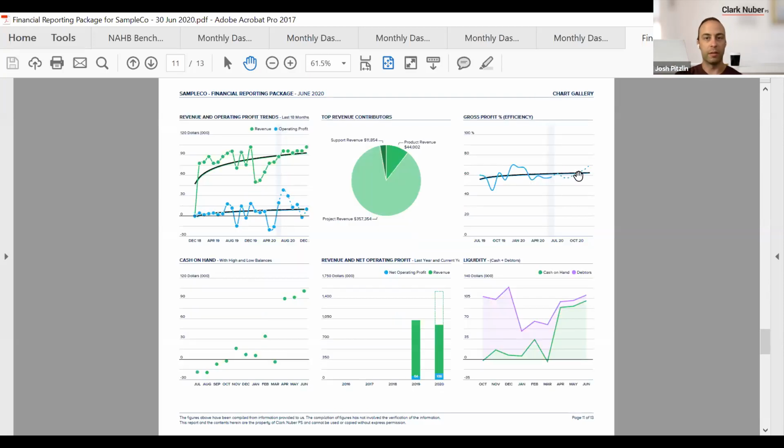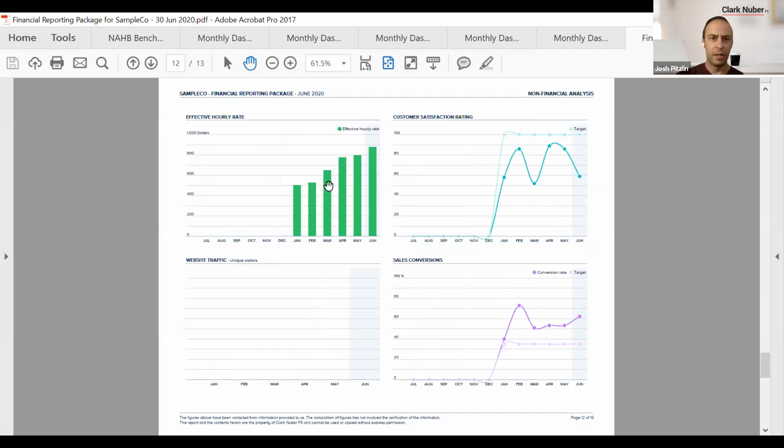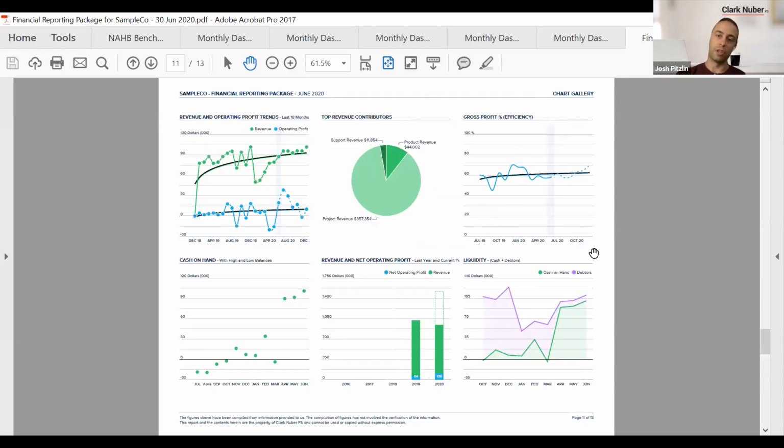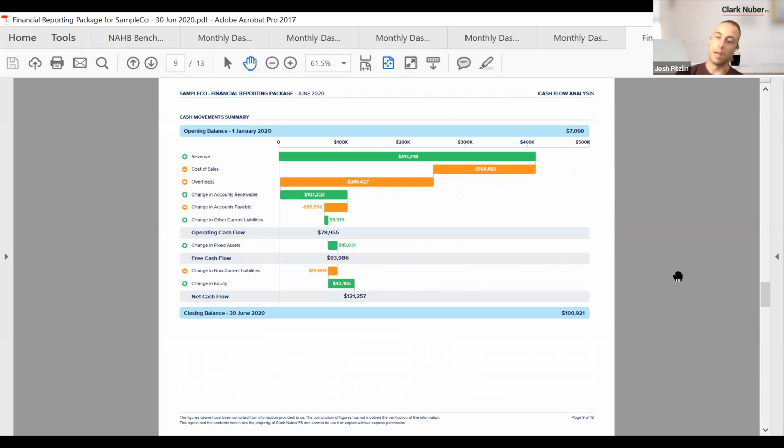Like I mentioned, we can implement non-financial data as well. So if you have hourly rates and they're going up or down, we can show that. We also can do Google Analytics. So I have one client where we're able to show their website traffic and compare that against revenue to see if there's a trend with how often their website is being visited, and that can then gauge how much they're spending on Google ad buys to know if that's actually paying off for increased revenue, or if that's just generating more hits to our website, but it's actually not leading to more phone calls, leading to more business.